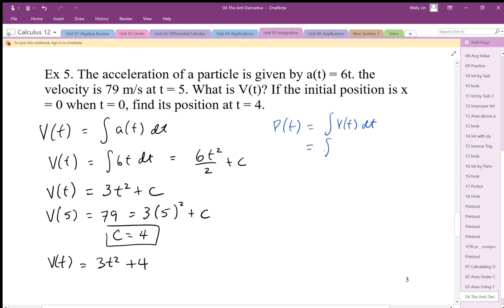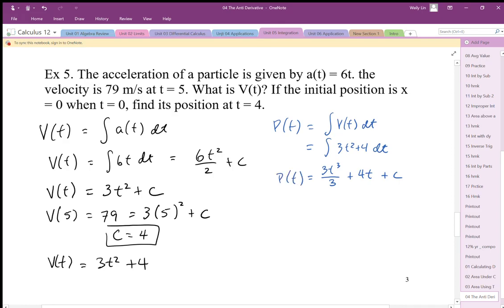We're going to anti-differentiate 3t squared plus 4. So that power has to increase, so it's going to be 3t cubed, and I need to account for that cube power by dividing by 3. This is going to be 4t, and I can't forget the plus c. So there's my plus c. So there's my p of t function.